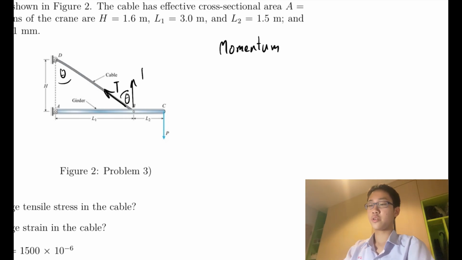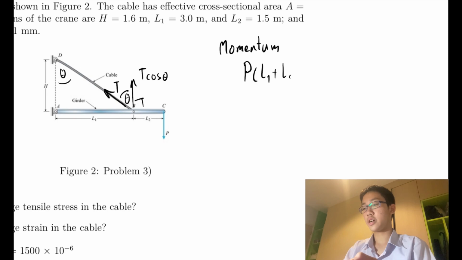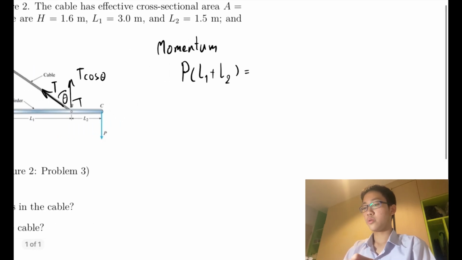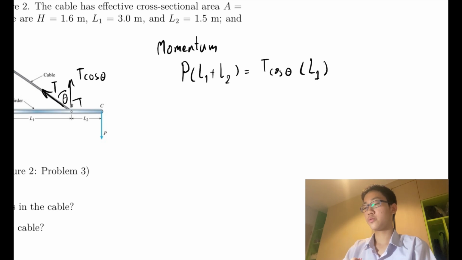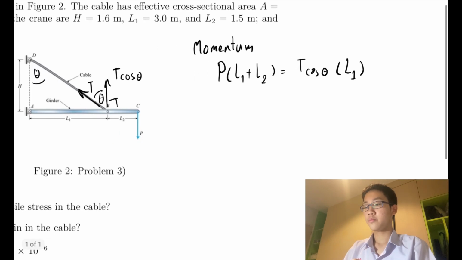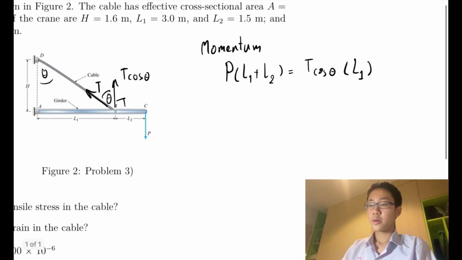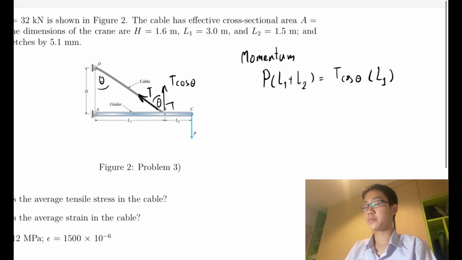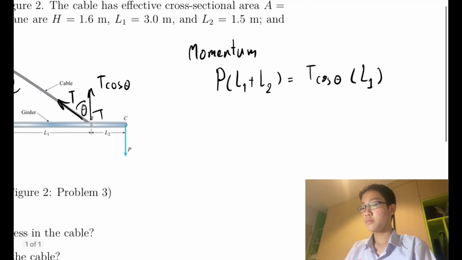Then the perpendicular force is T cos theta, and from the moment equation we have P times (L1 plus L2) equals T cos theta times L1. By this equation we have to substitute P, L1, L2 and cos theta.